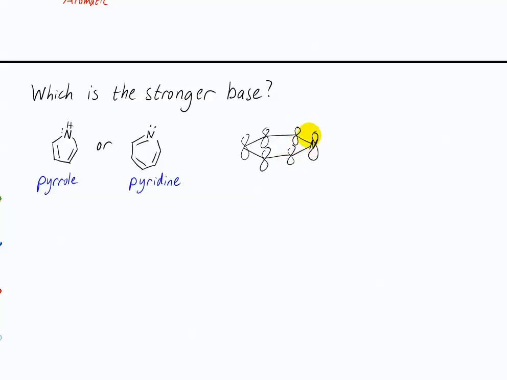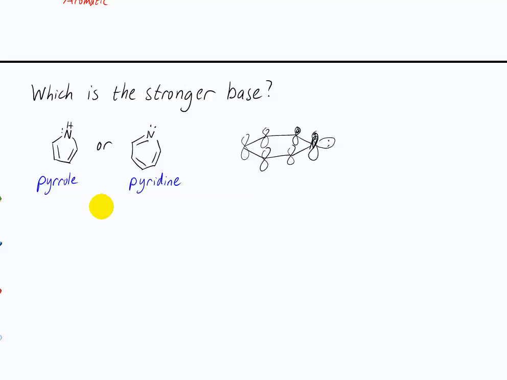That double bond is already there, right? So it's sp2 hybridized, which means that lone pair must be coming out here in the sp2 orbital. There's no more room in there to do it. You can't have two p orbitals occupying the same space. Okay, so they are both aromatic.